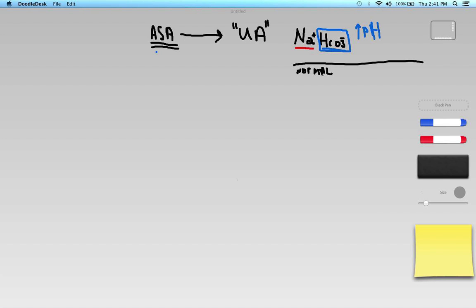And then I'm going to have properly alkalized urine, or urinary alkalinization with sodium bicarbonate, over here. Okay, so here's my table: normal and urinary alkalinization. And we can compare and contrast these.